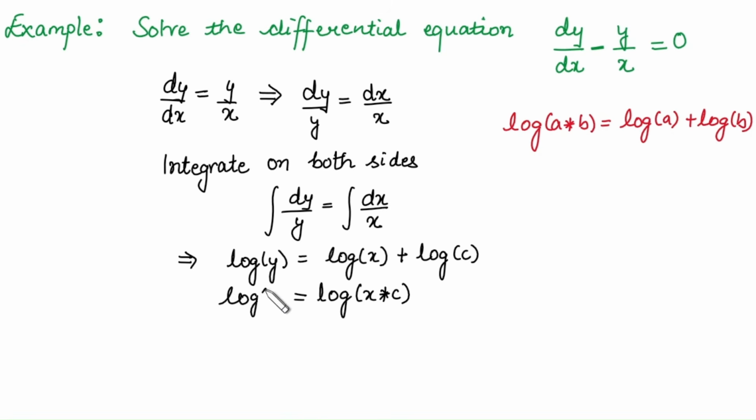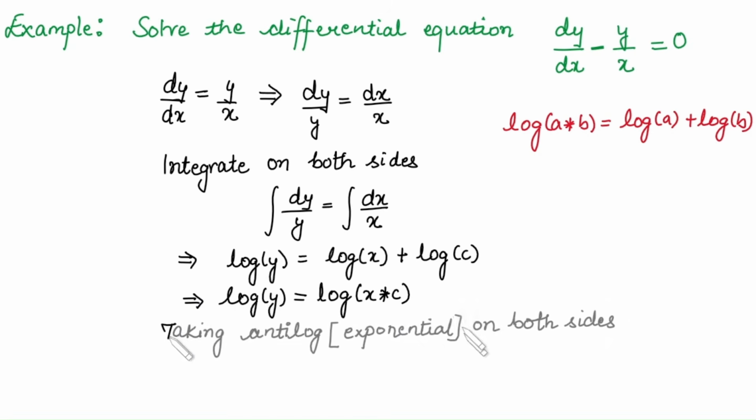On the left hand side we have log y as it is. Now taking anti-log on both sides. Anti-log means exponential. Once you take an exponential on both sides, this results in y is equal to x into c, which is the general solution of the differential equation.